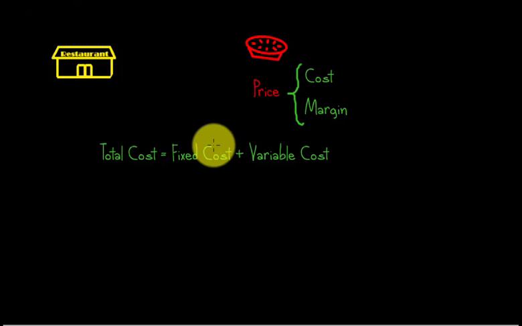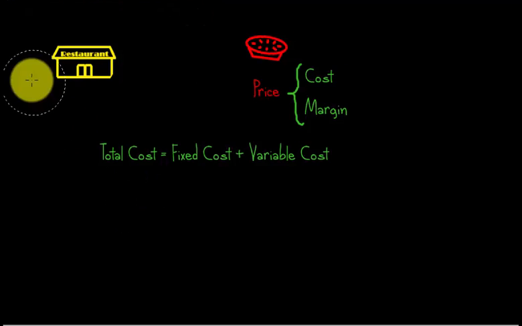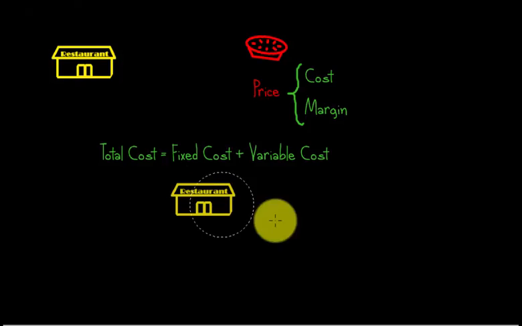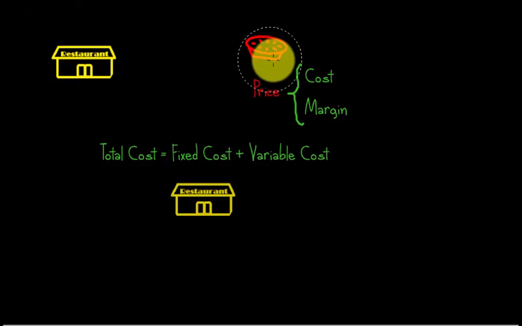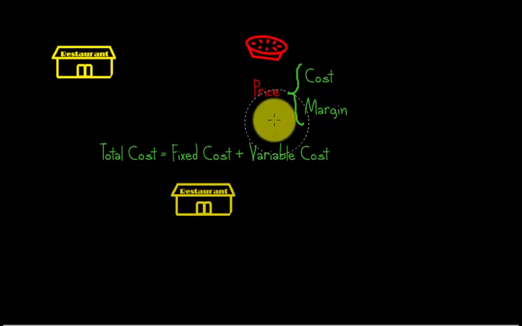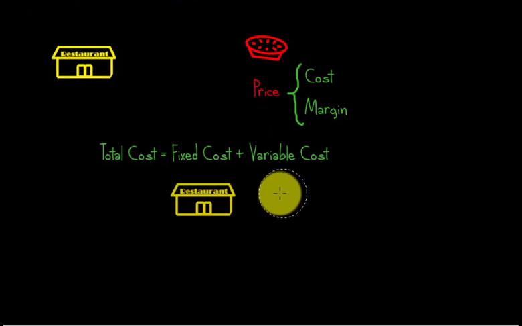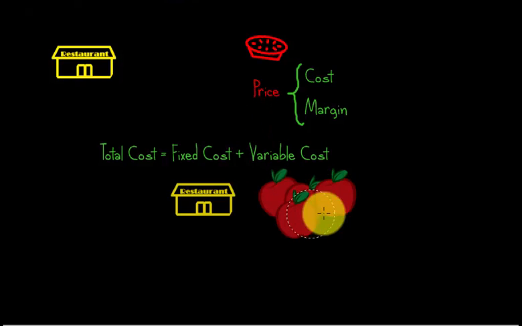So do you have any such element in the restaurant of apple pies? Yes, it is the restaurant of apple pies. So the restaurant of apple pies is a fixed cost. And which is a variable cost? A variable cost is a cost that if you increase the quantity of apple pies, you are going to need more of this element. So do you have any one? Yes, the apples.